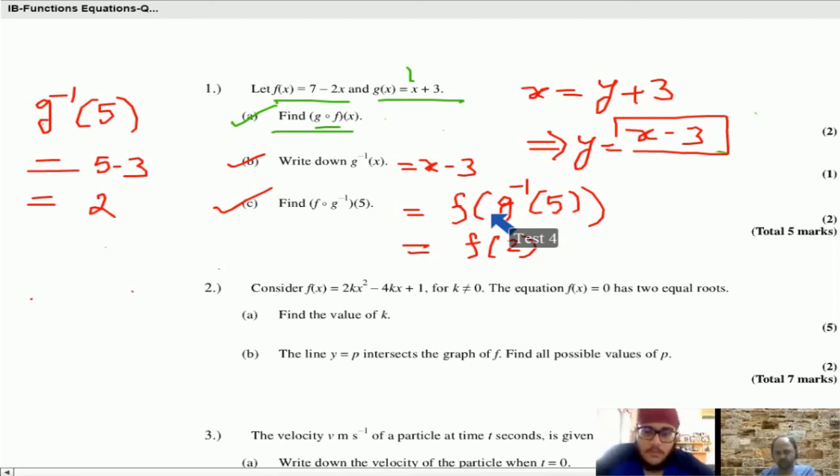Let's find out the value of f of 2. So f of x is given as 7 minus 2x. So what would be the value of f of 2? Can we substitute 2 over here and let me know the answer, Manu?